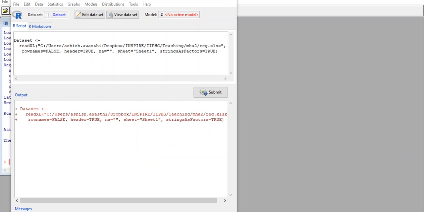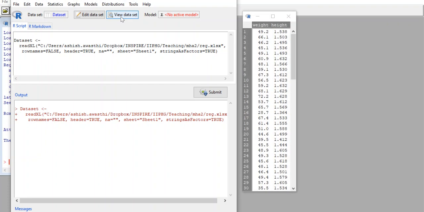So here I have imported a data set of height and weight of few individuals, and I will show how to calculate or how to perform linear regression using R Commander. So once your data set is imported, you can view your data set here. So I have weight in kilogram of few individuals and height in meter of the same individuals.